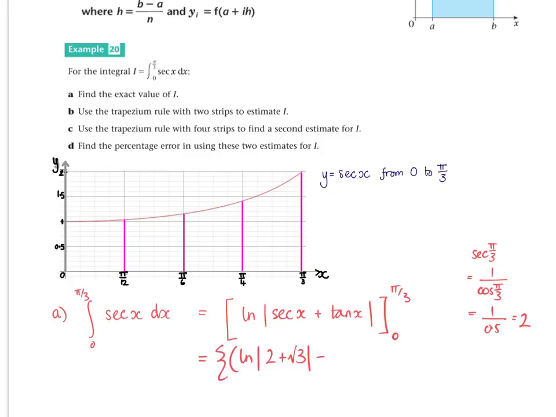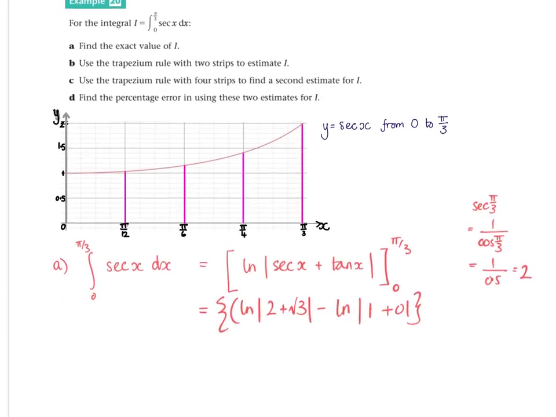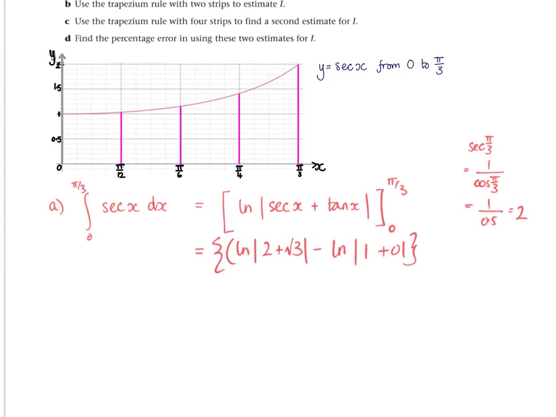And then for the second part, the sec of 0 is 1 over the cos of 0, so that's going to be 1, plus tan 0, which is 0. If we calculate that, we get just ln of 2 plus root 3. The reason for that, remember, is that ln of 1 is equal to 0. So that's your first part.